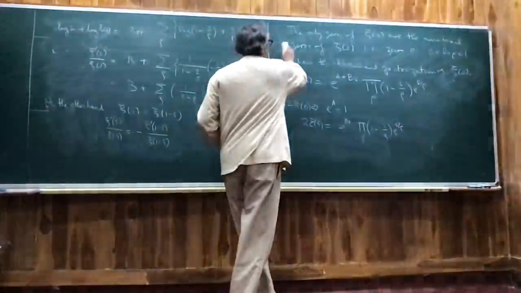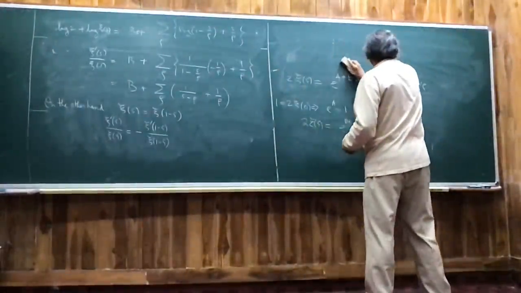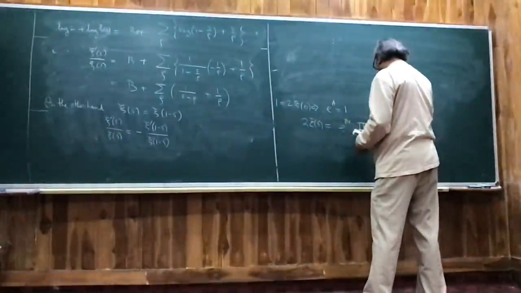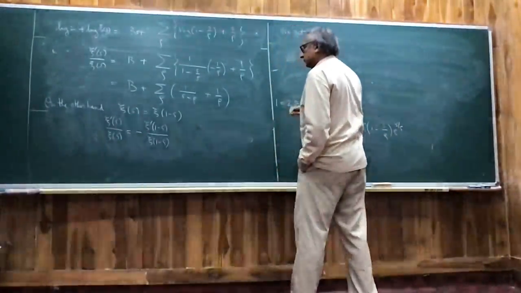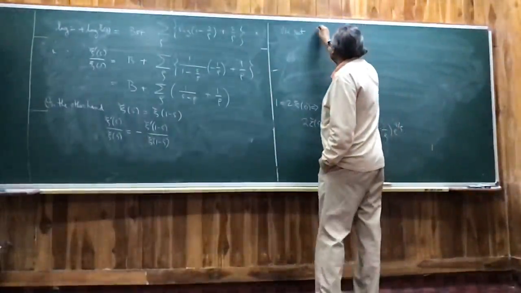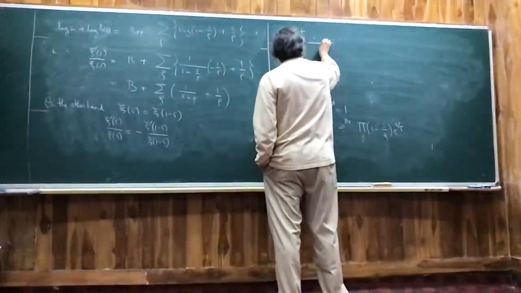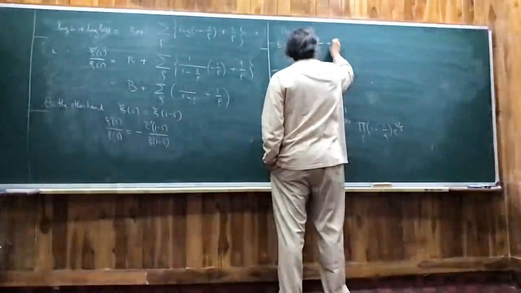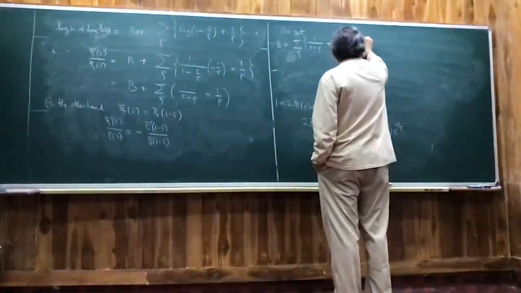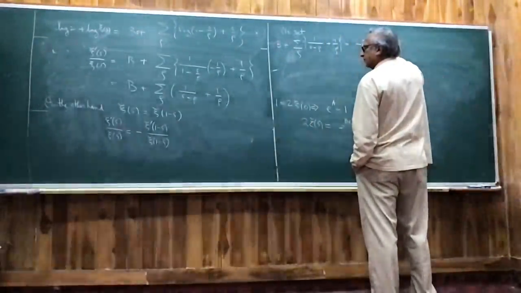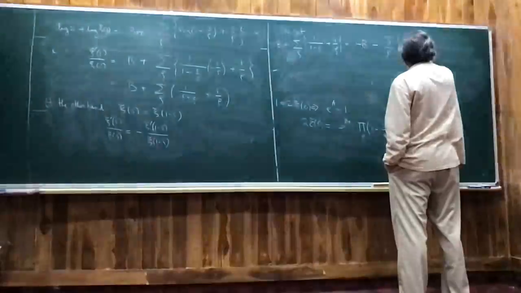So we get B plus the summation over rho of 1 over S minus rho plus 1 over rho equals minus B minus the summation over rho of 1 over 1 minus S minus rho plus 1 over rho.